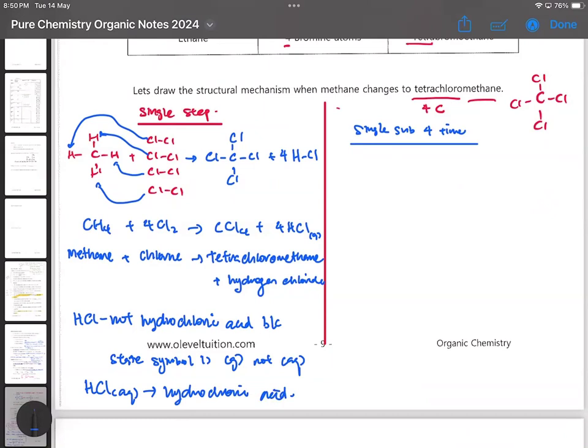Is it okay? All right. Okay, if you do it 4 times, what does that mean? I'll just do the chemical equation here. So that means I'll go from CH4 with chlorine. Then I do just one single swap only.